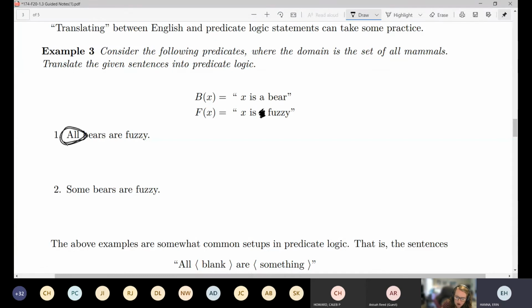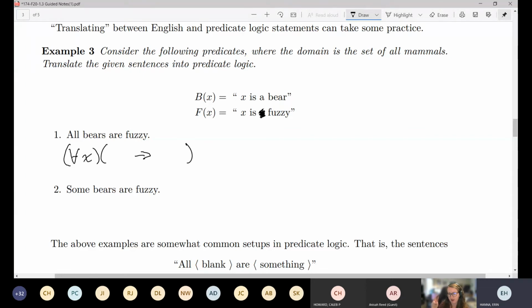So whenever you see all, very often the all should tell you about the universal quantifier, for all x. That is nicely obvious. It says all, it means for all. Whenever you see the universal quantifier, you are most likely, and when I say most likely, I mean 95% of the time, going to be using an implication.